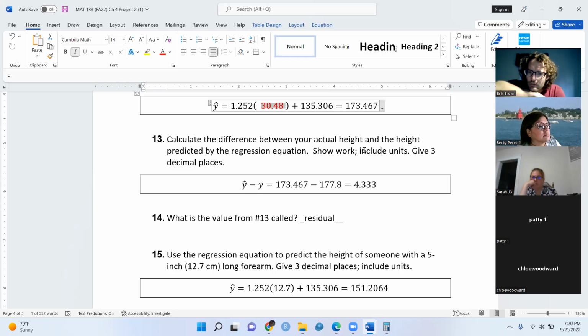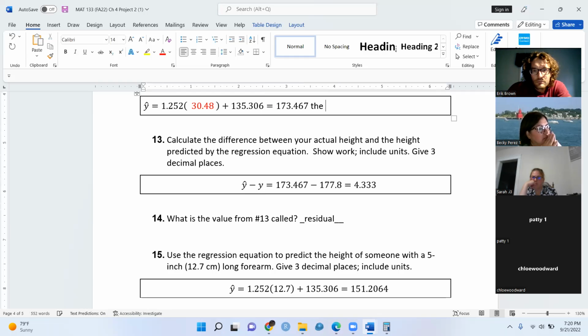Does that help? Calculate the difference between your actual height and the height predicted by the record. It might help if I said that this was the predicted height. The model is a prediction.